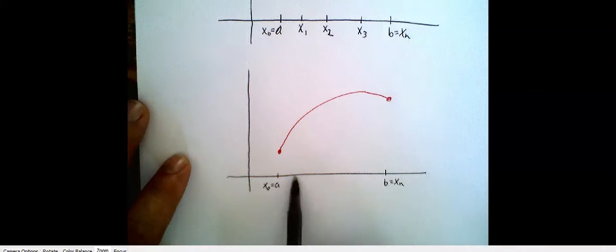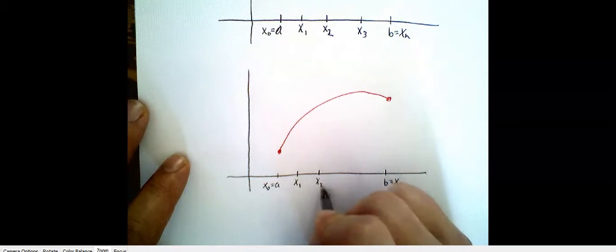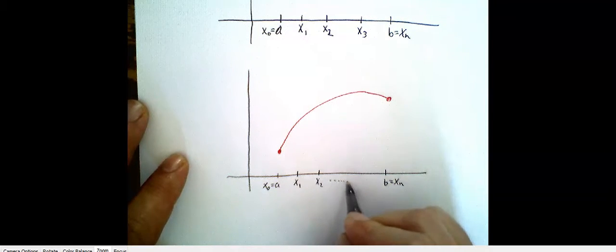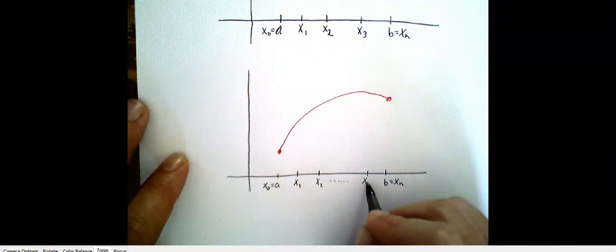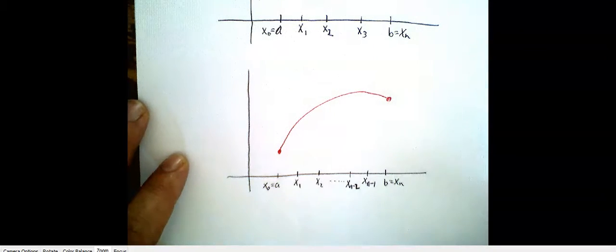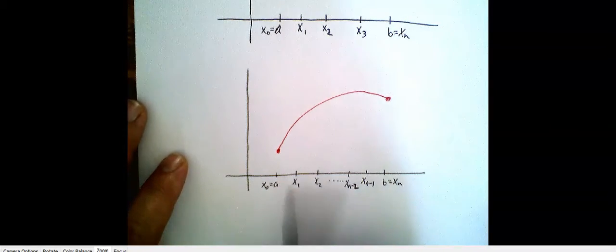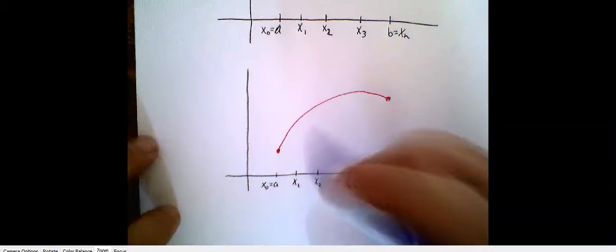What we're going to do is partition this axis. Say that's x1. And then I'm going to go the same distance away. Let's say that's x2. So on and so forth. So the one right before this would be xn minus 1, xn minus 2, and so forth, right? So how do we calculate the length of this approximating line segment?